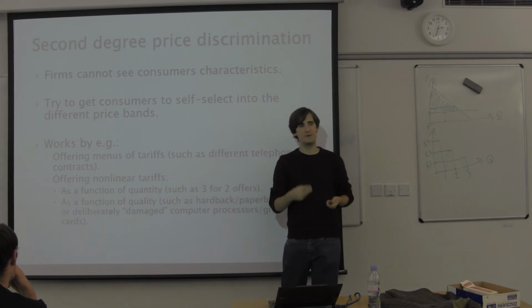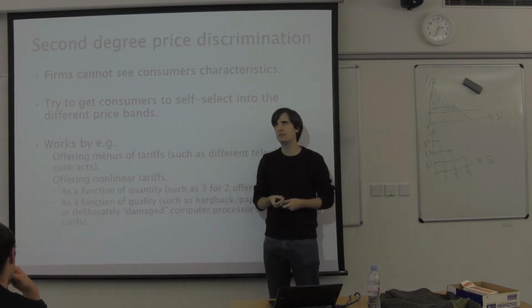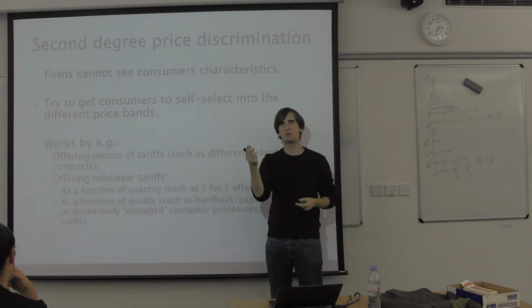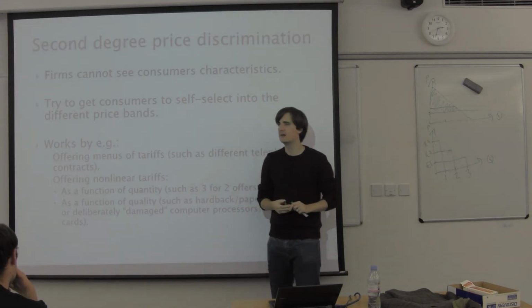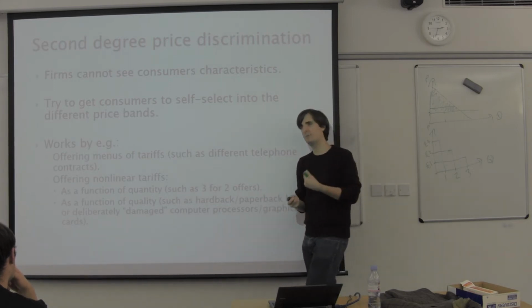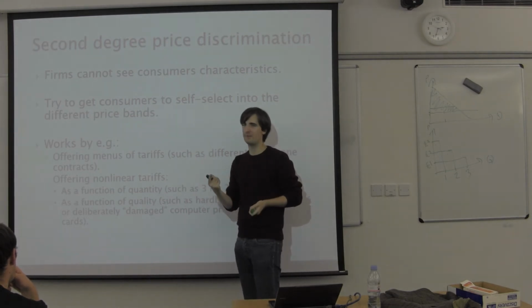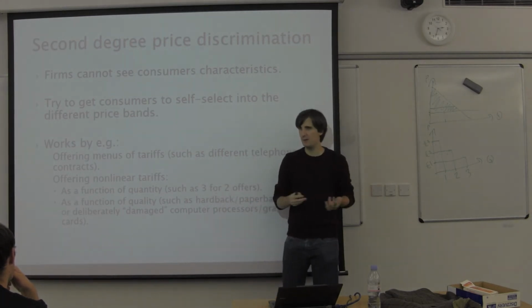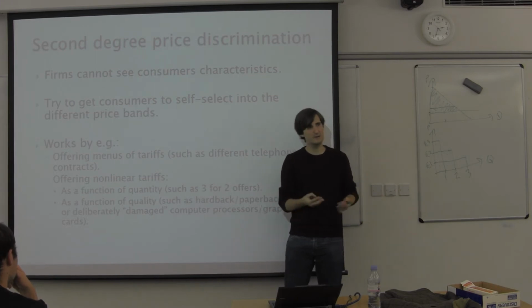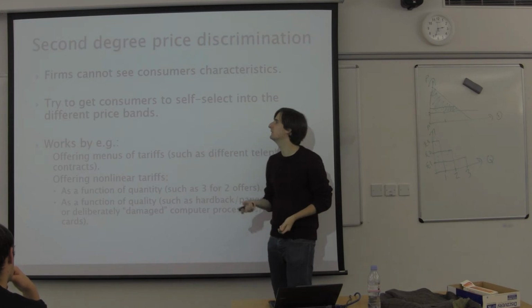So 2-for-1 offers at Sainsbury's is a good example of this. Or no, buy two get one free is a good example of this. Someone who's quite rich, maybe they're just buying a quick snack for themselves, they're just going to buy 1 unit of the good. Someone who's less rich wants to stock up, get the best deals, they're going to buy 3 units of the good in order to get this offer.